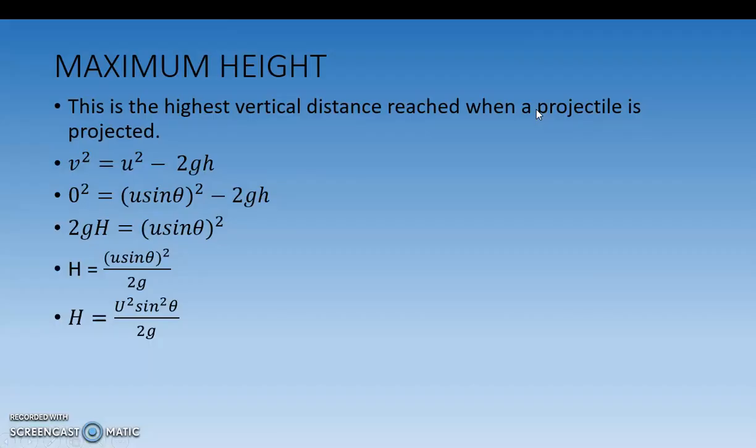Maximum height. This is the highest vertical distance reached when a projectile is projected. And if we plug in the components of velocity in our original motion equation when an object is under gravity, then we'll get h is equal to u squared sin squared theta over 2g.